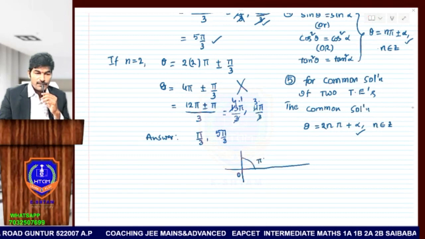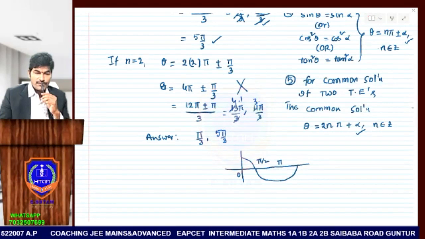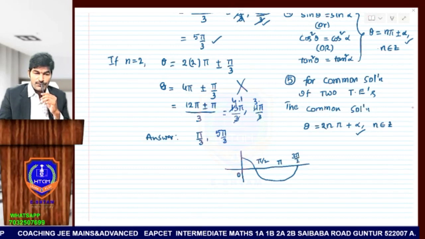At pi by 2, cos will be 0. At pi, cos will be minus 1. At 3 pi by 2, it will be again 0. And at 2 pi, the value will be plus 1.